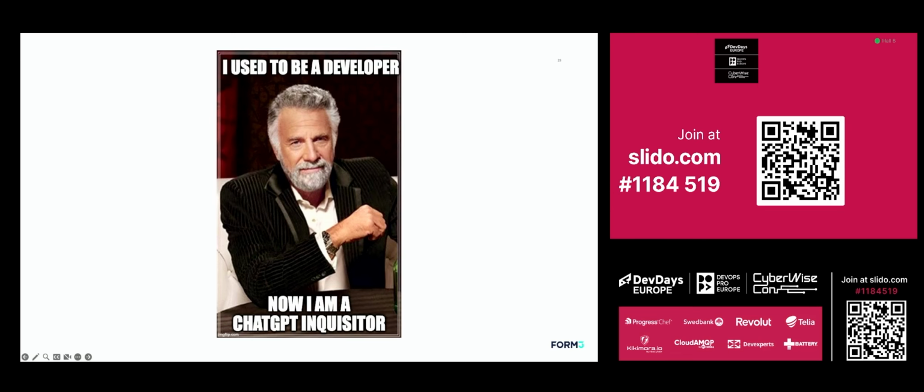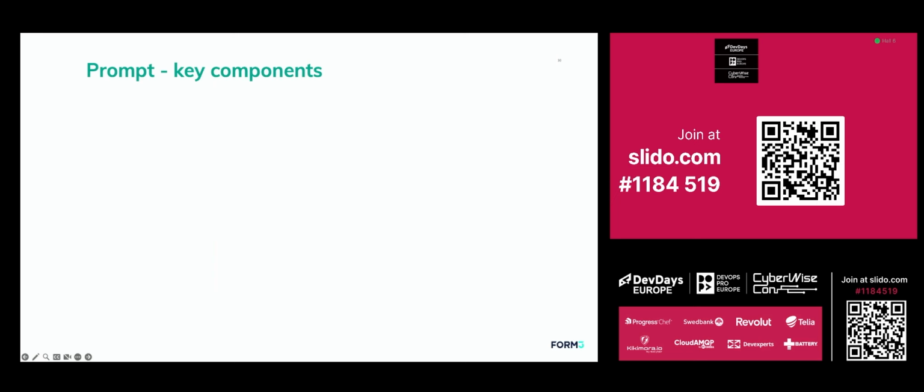We'll be the Inquisitor. Okay, so there are these key components of the prompt. If you are interested in prompting, I think you should pay attention to those slides. If you were at the previous presentation, the guy was talking about warming up ChatGPT or warming up the LLM.